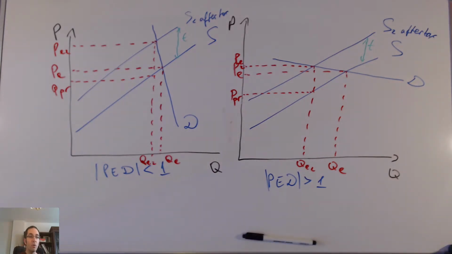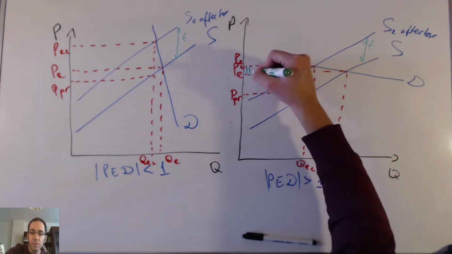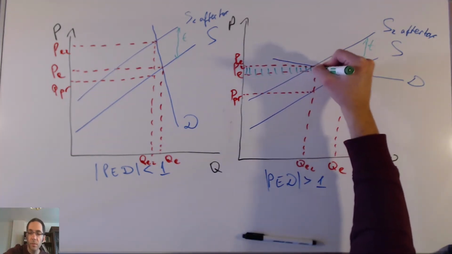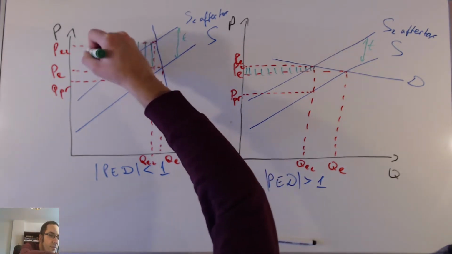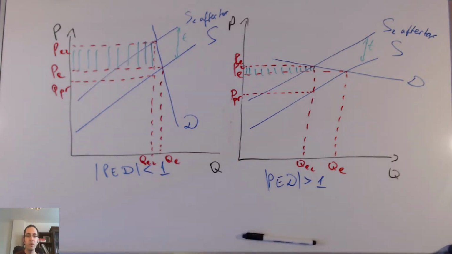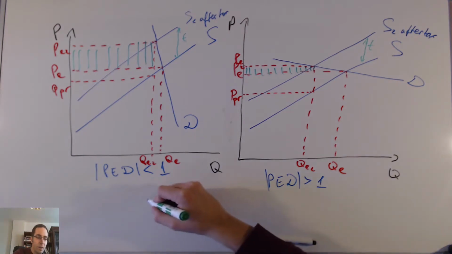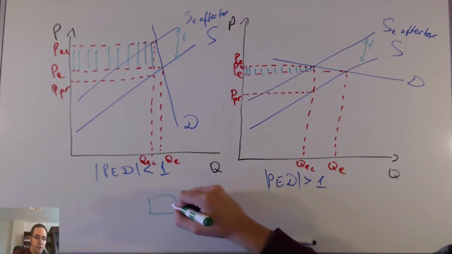We can also show the relative consumer and producer incidence. So let's do that. The green area will illustrate our consumer incidence.